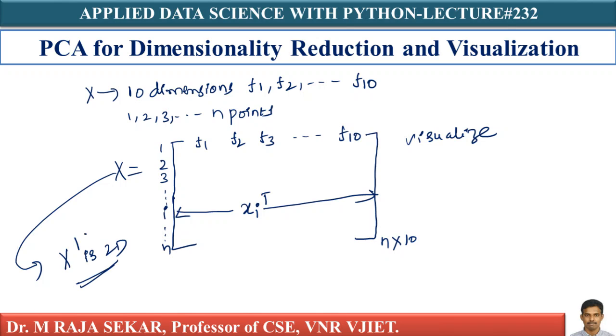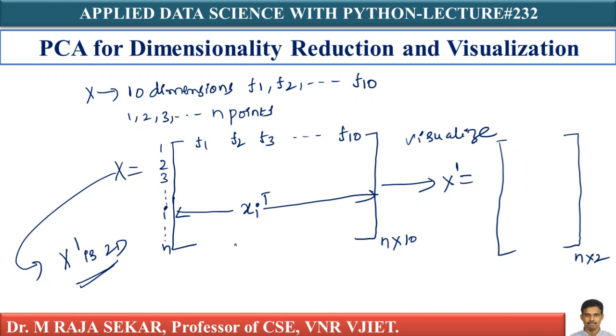Why? Because if it is 2-dimensional data, I can visualize it easily. So I have to convert this n by 10 into X dash. What is the dimension of this X dash? It must be n by 2. That is our intention, so that you can visualize it without any difficulty.